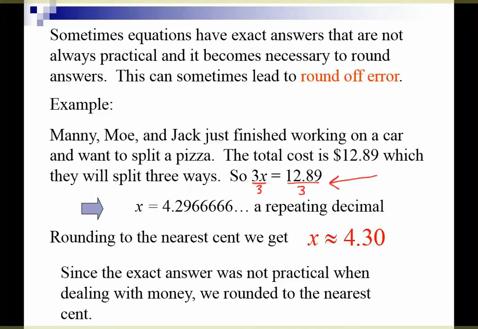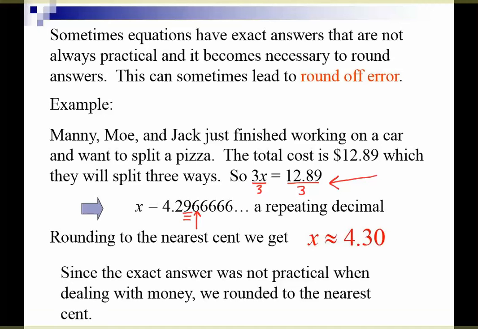Just remember, the 4 is in the ones, the 2 is in the tenths, the 9 is in the hundredths, and this first 6 is in the thousandths place. And just to go back over your rules, if you are rounding to the hundredths place, the number you're actually going to look at is the one just to the right of it.